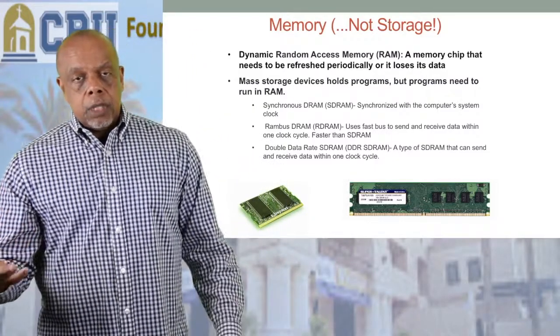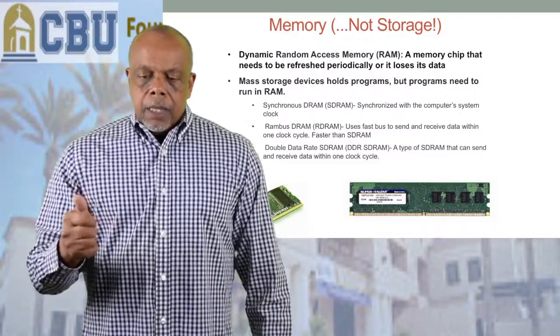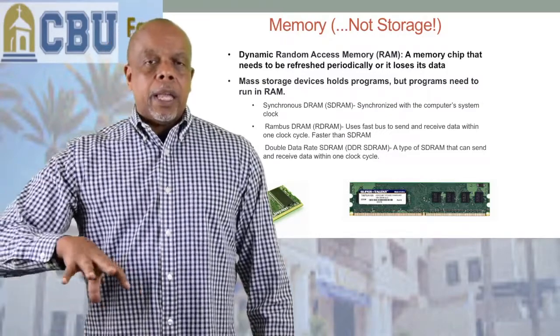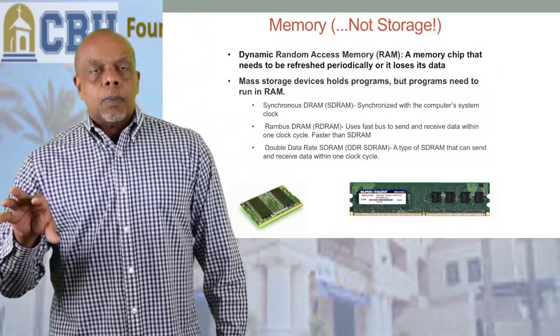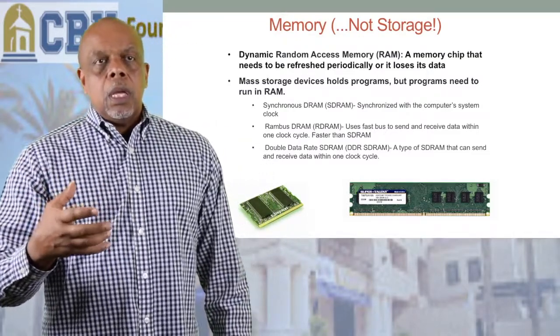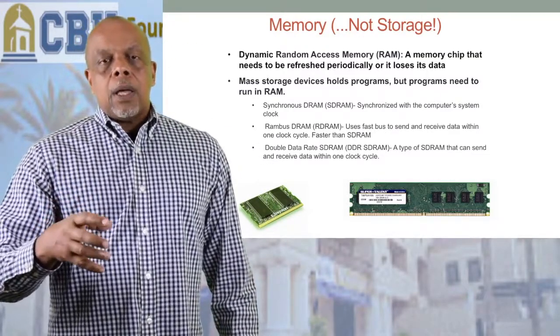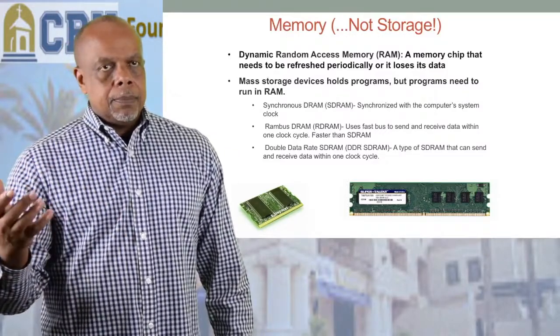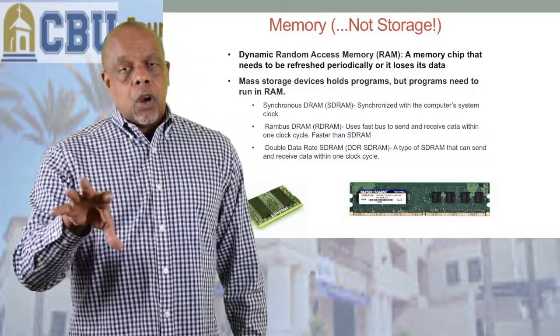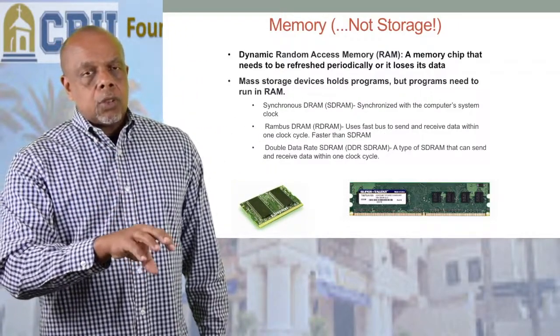If you know anything about RAM, when you turn the machine off or it loses power, everything in RAM disappears. The purpose of memory is to temporarily hold programs while the CPU is processing them. Unlike storage, which is long-term: mass storage, your hard drives, your SSDs, that's long-term storage.